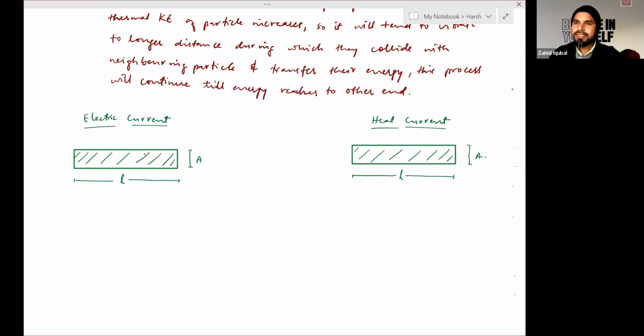You must have used a DC source in the form of a battery. Suppose you have a battery connected with an electrical bulb, so it will glow.